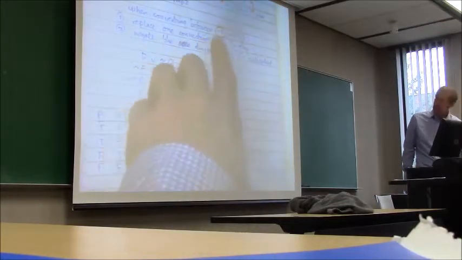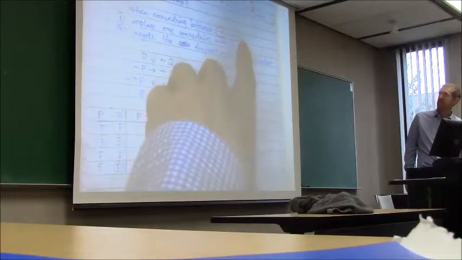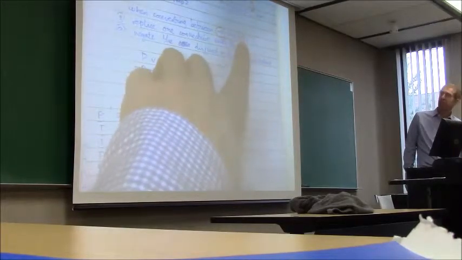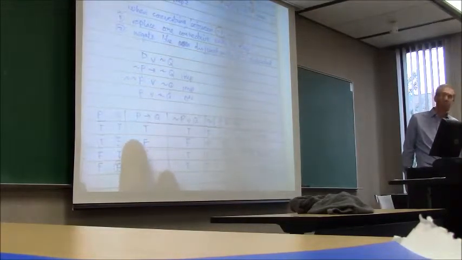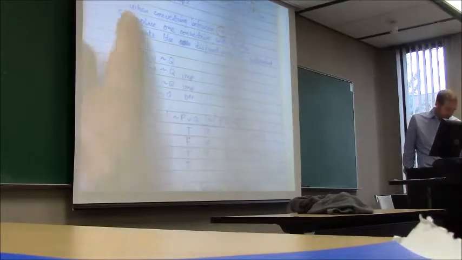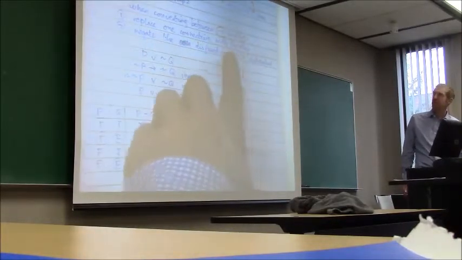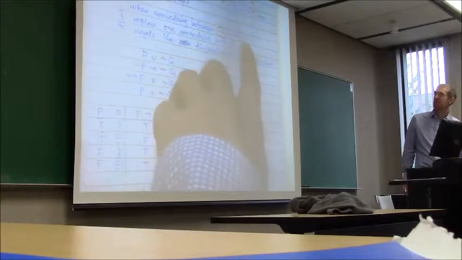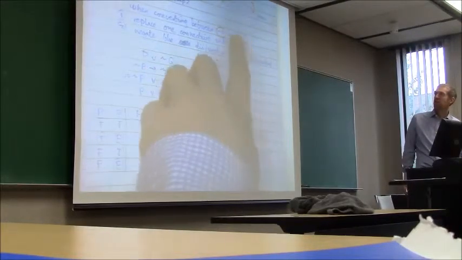So here are the rules. When converting between conditional and disjunction, follow these 2 rules, and incidentally, write down these 2 rules. First, you replace one connective with the other. So if you're starting with a conditional, you replace it with the or. If you're starting with the or, you replace it with the conditional.